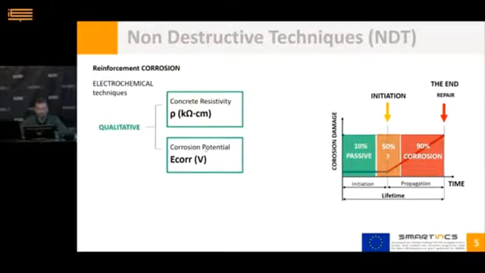What does that mean? They only indicate whether there is corrosion or not in terms of probability. Almost certain there is no corrosion, 10% of probability. Maybe there is or maybe not corrosion, 50% probability. Or certainly there is corrosion, 90%.